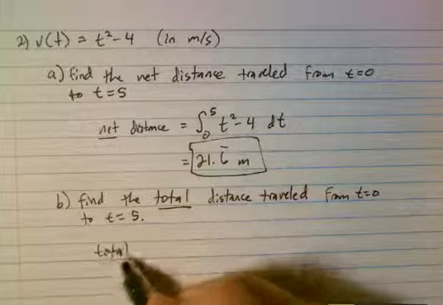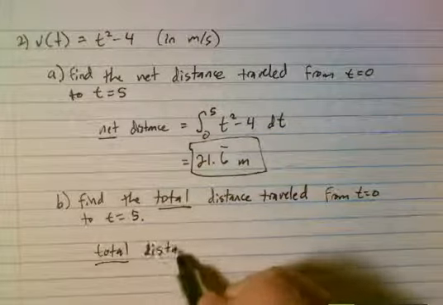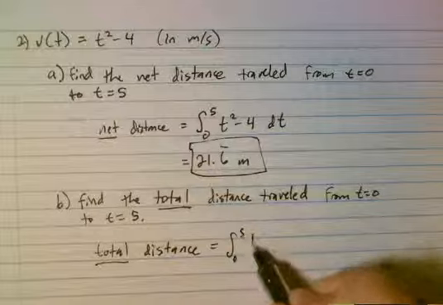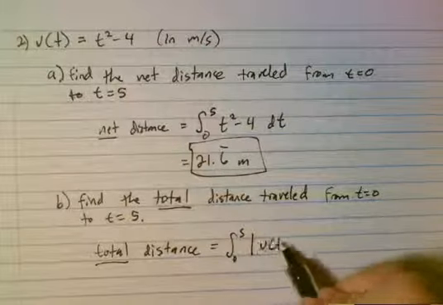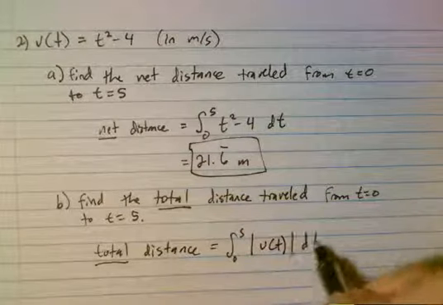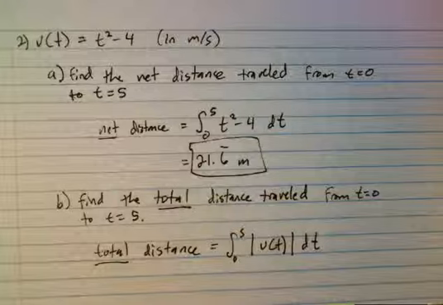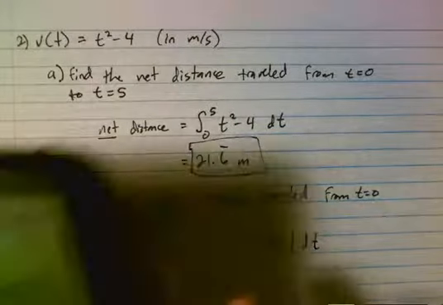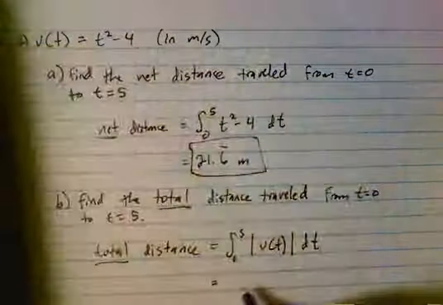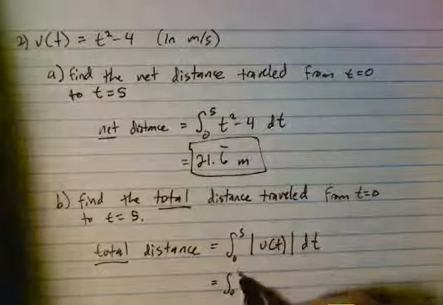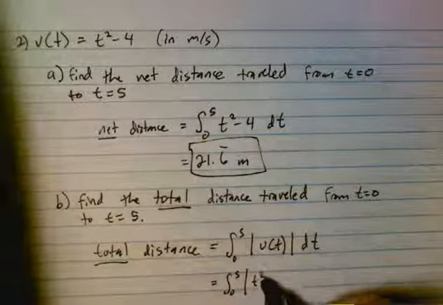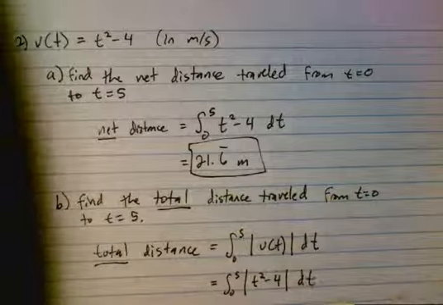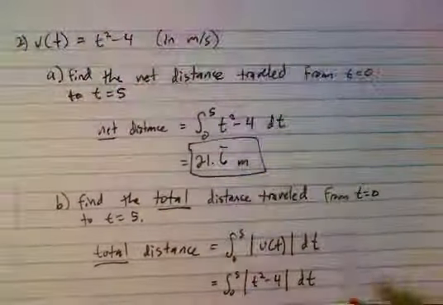So total distance is the integral from 0 to 5 of the absolute value of v of t dt. So that we are going to put in the calculator as follows. Why don't I put in what we're putting in? Absolute value of t squared minus 4 dt. And I'm just going to use the finite integral again here.